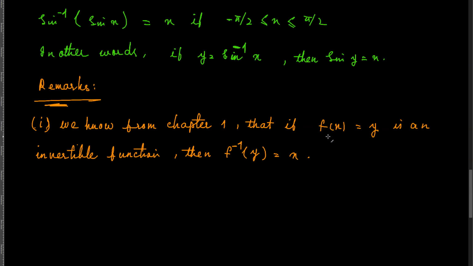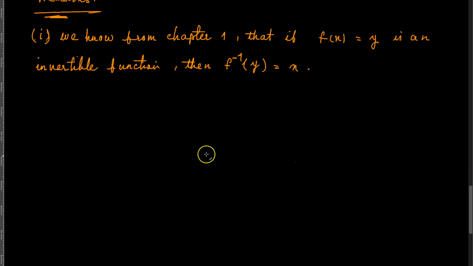basically what this function f of x does is that you give it x and it gives you y, right? Meaning that, for example, let's say that you have some function over here, and the function is, for example, let's say f of x is equal to x cubed.